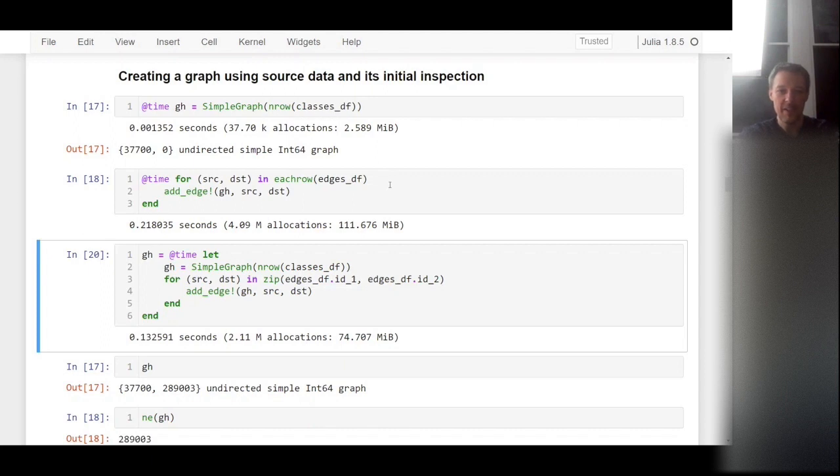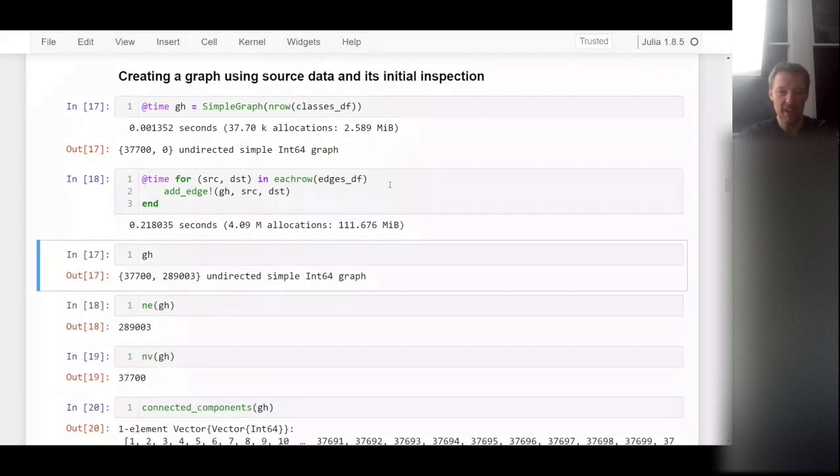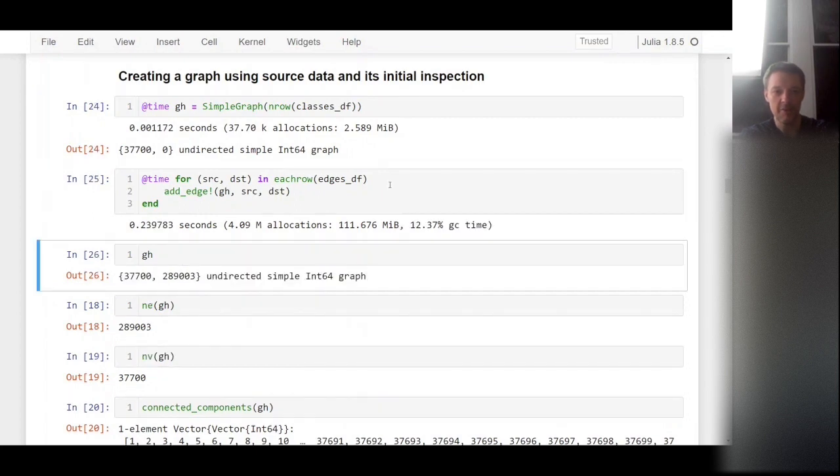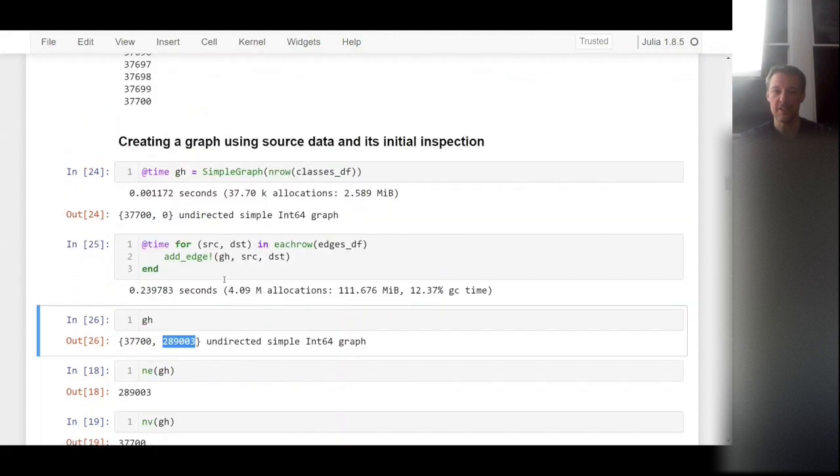Okay, so let us check our graph. Our graph has 37,700 nodes, and now it is important, it has 289,003 edges.